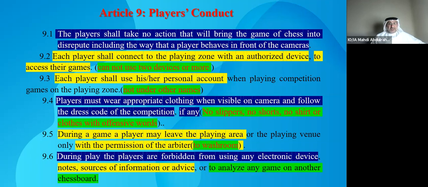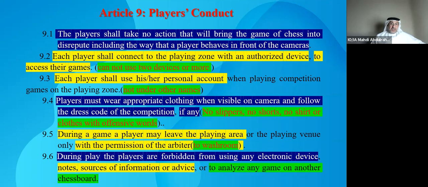This is not allowed. And not allowed will be using slippers or clothes with offensive words. During the game, a player may not leave the playing area or the playing venue without permission. You have to take permission from the arbiter to go to the washroom, for example.